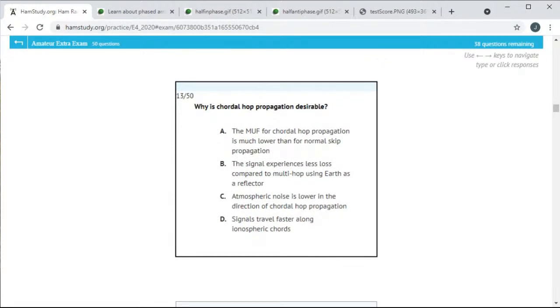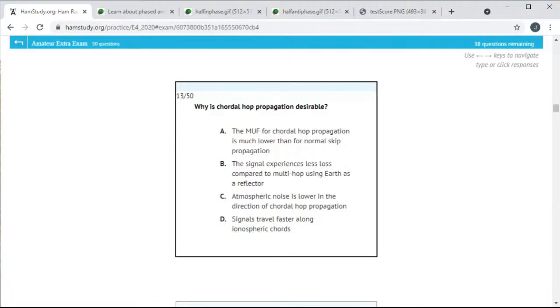Why is chordal hop propagation desirable? A. The MUF for chordal hop propagation is much lower than normal skip propagation. B. The signal experiences less loss compared to multi-hop using Earth as a reflector.